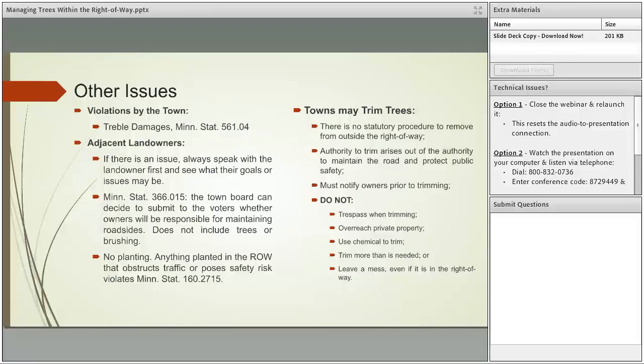And they can't touch trees, or they can't touch branches that are from outside of the right-of-way, but this arises out of the right to maintain the road and to protect public safety.